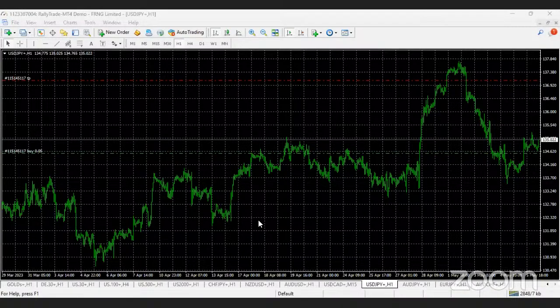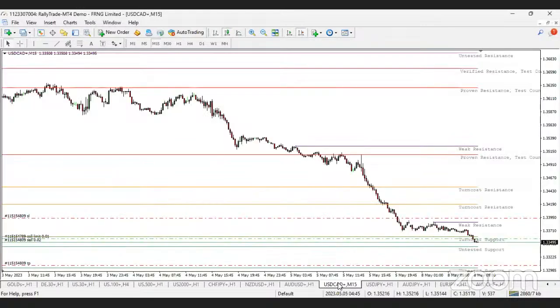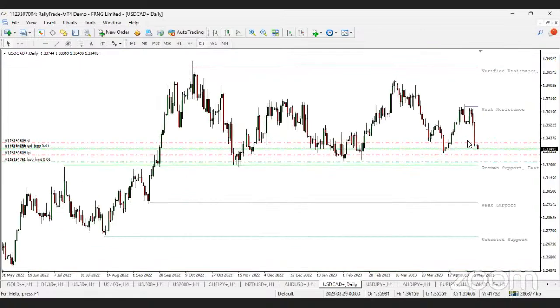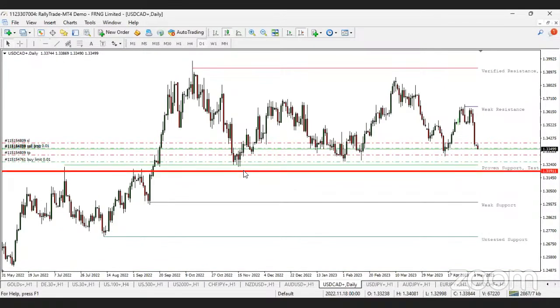Okay, for those that have been on buy since last week on USD CAD and still hold on: I really don't know the exact place you entered the buy, but what I can tell you for free, sir, is that the point at which you would know your buy is wrong is when price finally breaks below this support. If price is yet to break below this support on the daily time frame, your buy is not totally wrong.